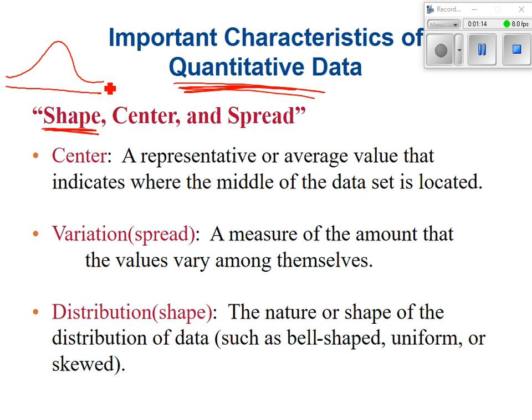In that bell curve, a certain percentage of the data will always fall here in the middle, and certain percentages fall in the tails on each side, and we'll talk more about that as we go throughout the year. So different data is shaped different ways. It doesn't always have to be a bell curve.